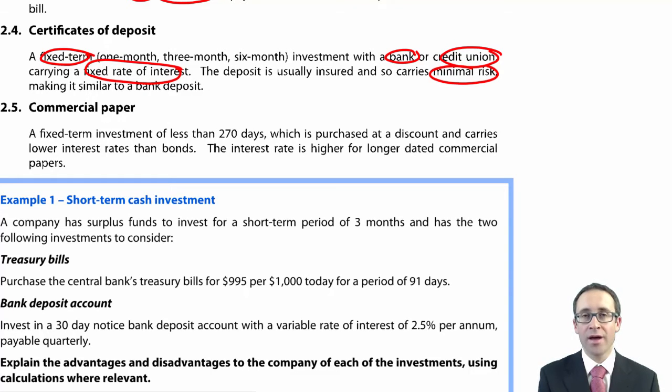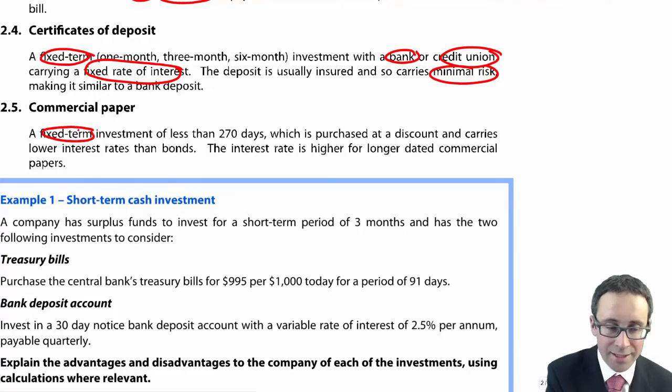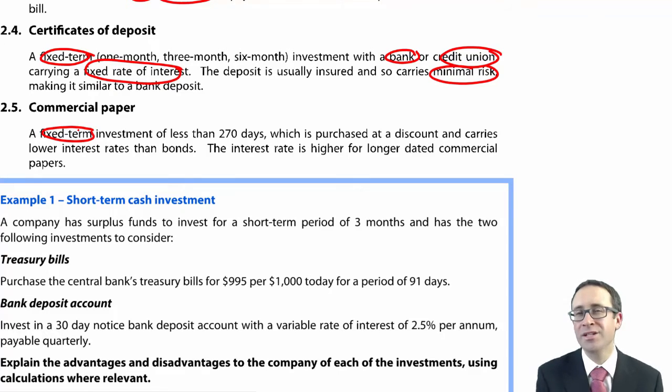Okay, we can invest within that commercial paper and make the deposit, and then at a point in time, again, it's a fixed term, usually less than, is it 270 days. The reason why it's less than 270 days is because the commercial paper is traded, and anything less than 270 days means that there are no notification requirements that have to be made about it to the Securities and Exchange Commission in America. Okay, so it makes it a little bit easier to issue on the markets. There's less documentation, if you like, that is required.